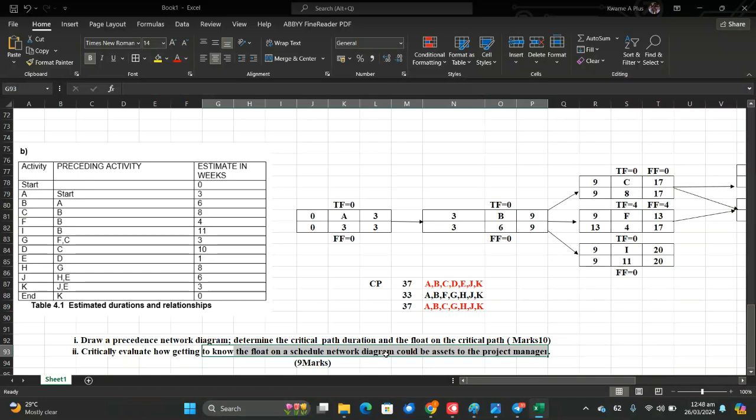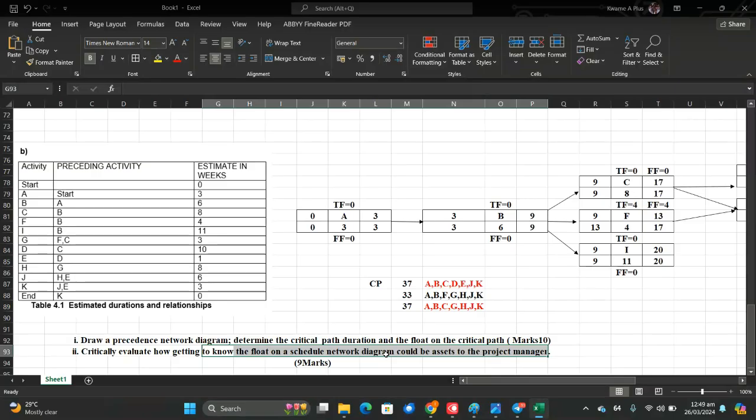The float on the critical path is 0, as I've read. This means that any delay in an activity on the critical path will delay the project completion date. Why am I saying that? Float indicates the amount of leeway a project manager has for scheduling non-critical path activities.